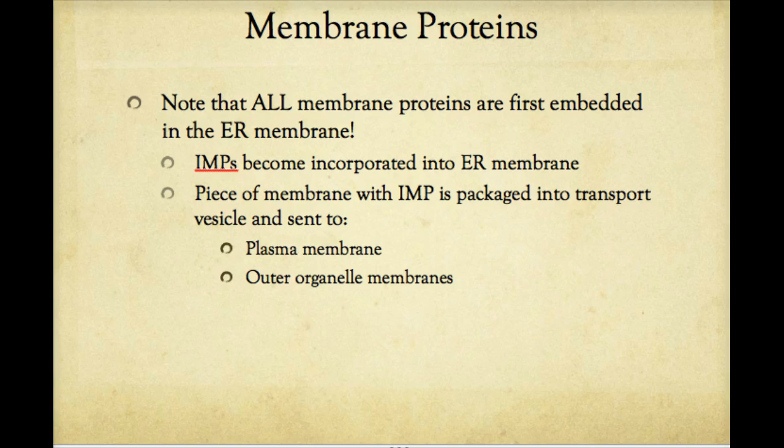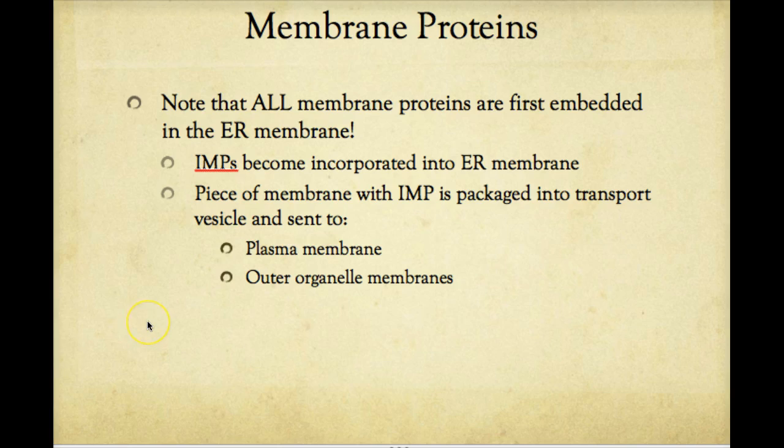So it's important to remember that all membrane proteins, all proteins that are destined to live in either the plasma membrane or an outer organelle membrane, are going to first be embedded into the ER membrane. So they have to go into the ER through co-translational import, and then they are literally going to be inserted into a portion of the ER membrane.